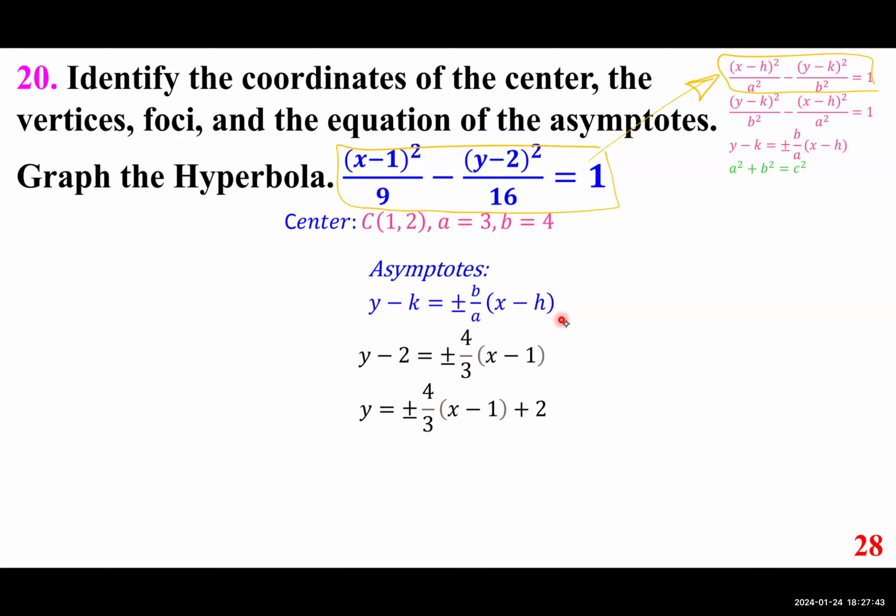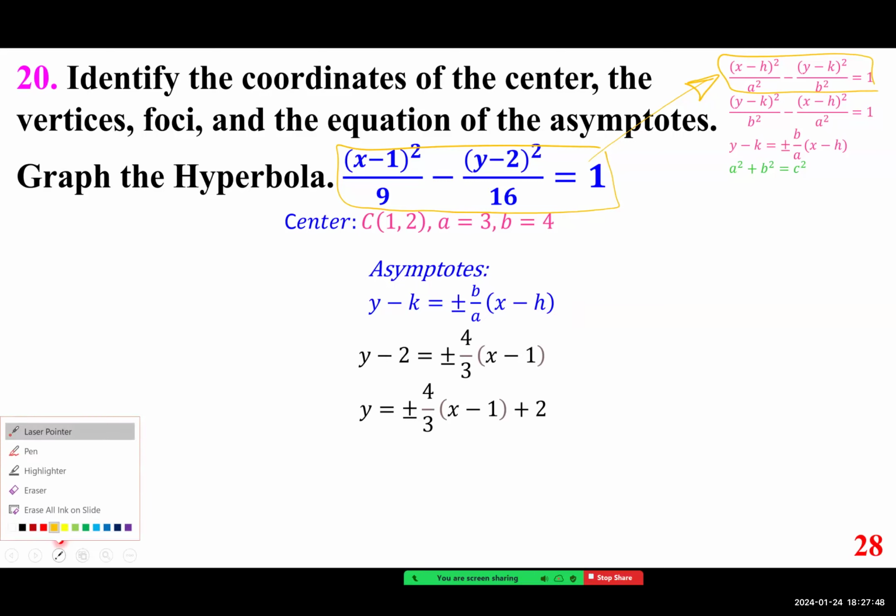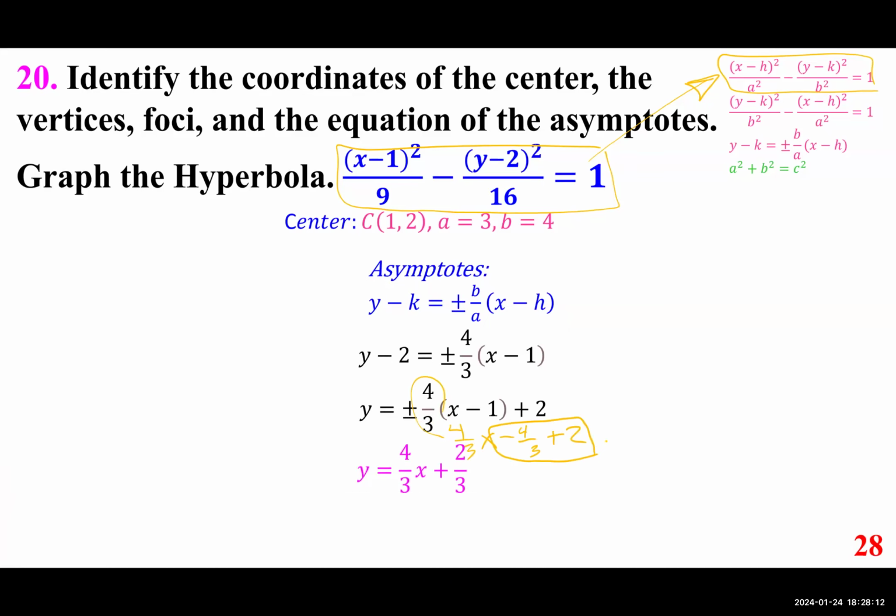Let me show you. If you go with the positive 4/3, for example, I get 4/3 x minus 4/3 plus 2. These two add up: 2 times 3 is 6, minus 4, so they add up to 2/3. You get this one.